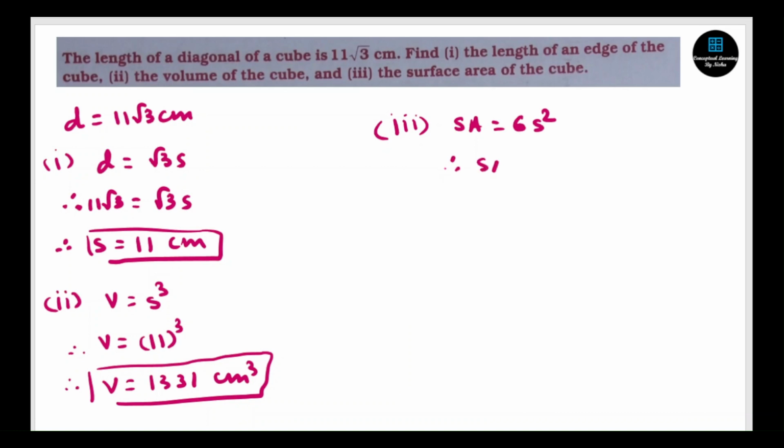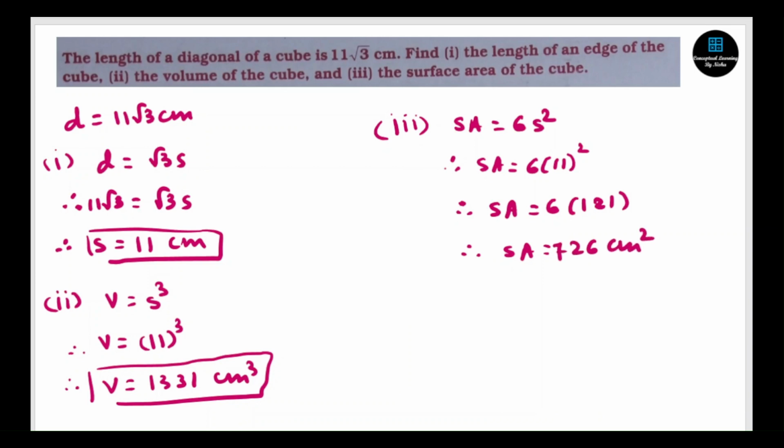So what do we get? SA is equal to 6 times 11 square. Now 11 square is 121. And now when we simplify this, we'll get surface area is centimeter square. Perfect. Very simple question. Alright.